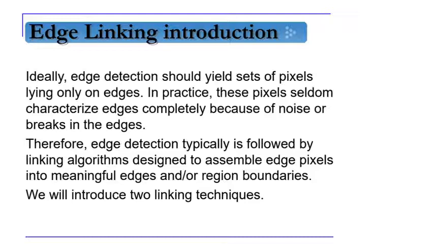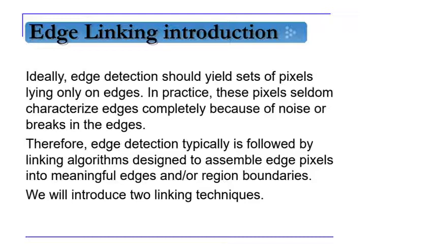Because of the noise, there may be some breaks in the edges, or because of non-uniform illumination, there may be some breaks in the edges, and there may be other effects that introduce spurious discontinuities in intensity values. So an edge detection algorithm is always followed by an edge linking algorithm, which assembles the edge pixels into meaningful edges and region boundaries.